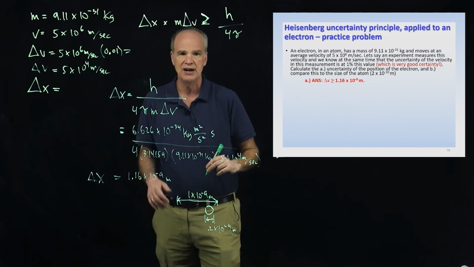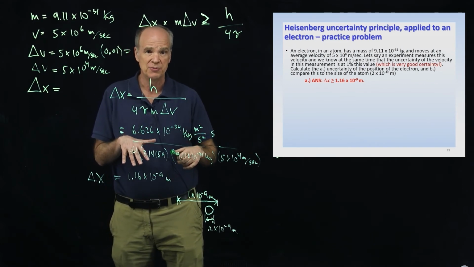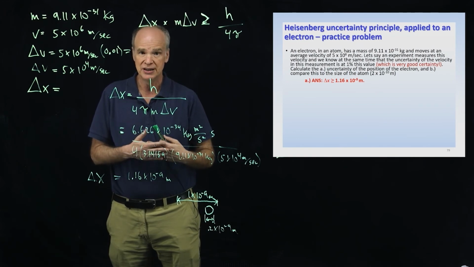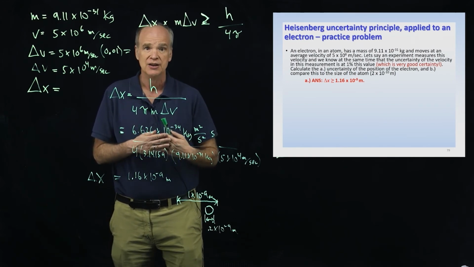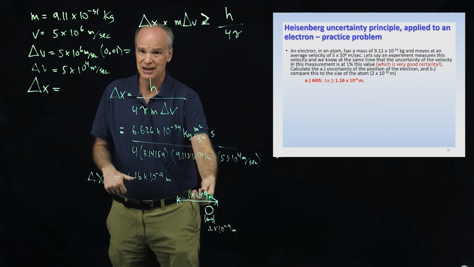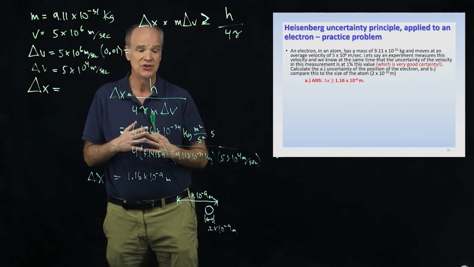So basically what Heisenberg's uncertainty principle is saying in this problem, when you're dealing with the realm of very small objects like atoms, if you have a technique where you can get a relatively accurate measurement of the range of velocities, you're not going to get a very accurate measurement of the range of positions the electron can be in at the same time.